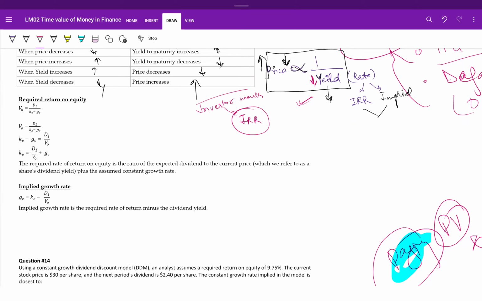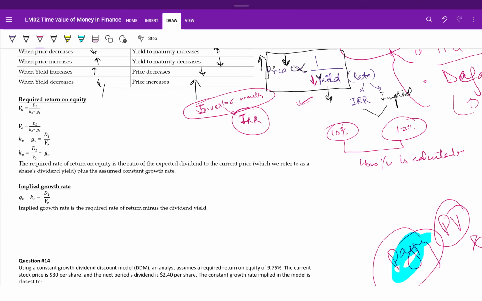This is the required rate of return. So there are two securities. One is 10% and another is 12%. Now you understand how percentage is calculated, and internal rate of return.